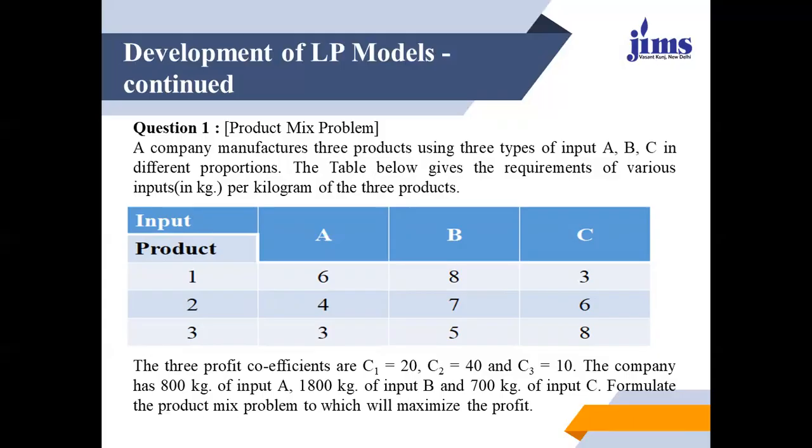You sell product 2, then you get a profit of 40, and on product 3 you get a profit of 10 rupees. And the company has 800 kg of input A, 1800 kg of input B, and 700 kg of input C. Then we have to formulate the given product mix problem such that the profit gets maximized.